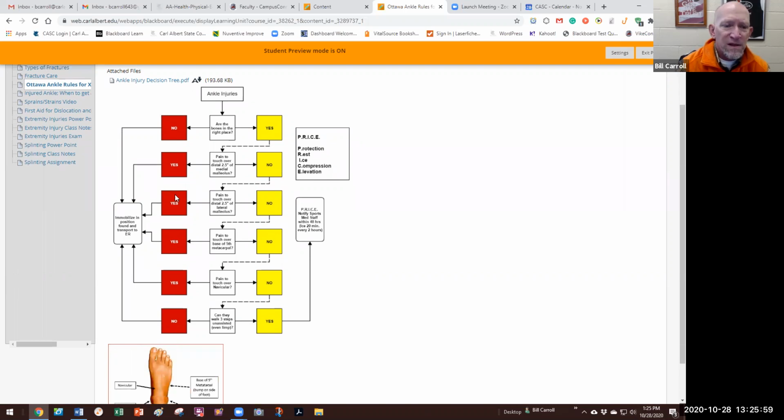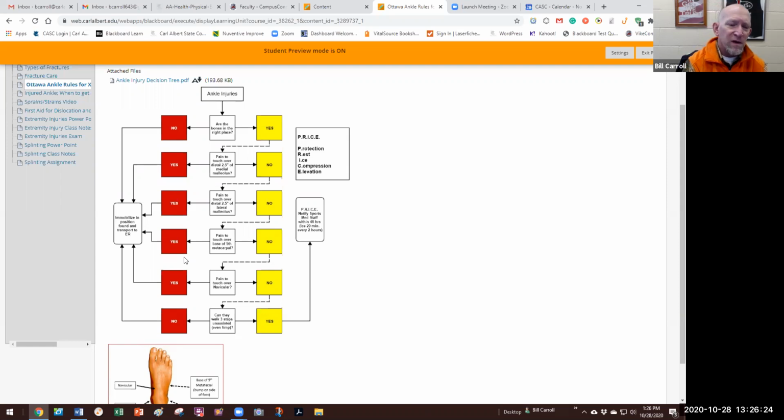So this is the decision tree from Ottawa. The ERs in Ottawa, Canada, were seeking a way to minimize the cost of X-rays for ankle sprains. They came up with these injuries, and this is what we use here at CASC with our athletes to determine whether we need to send them to the hospital for an X-ray.